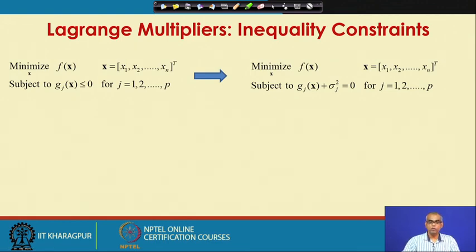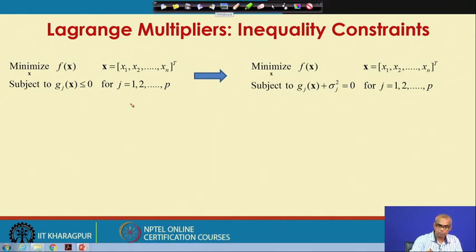So, now let us see how we make use of this to write down the optimality conditions for an optimization problem with inequality constraints. So, I have an optimization problem with n variables, an objective function and p inequality constraints all of less or equal to type.